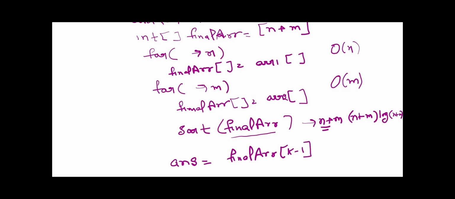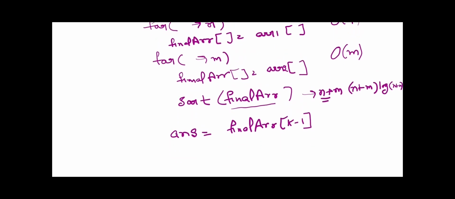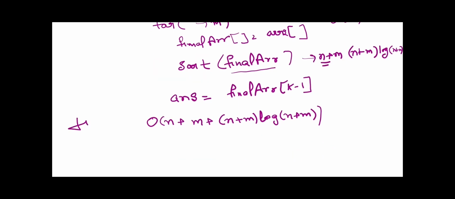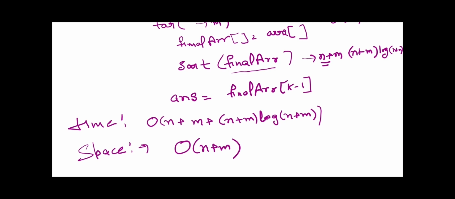So we can say that our time complexity will be big O of n plus m plus n plus m of logarithmic n plus m. This is the time complexity. And the space complexity of this problem is, we use this final array of size n plus m, so the space complexity is big O of n plus m.